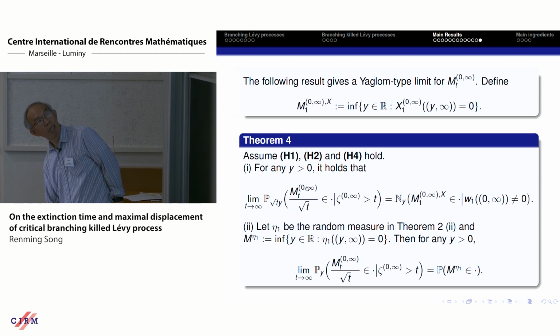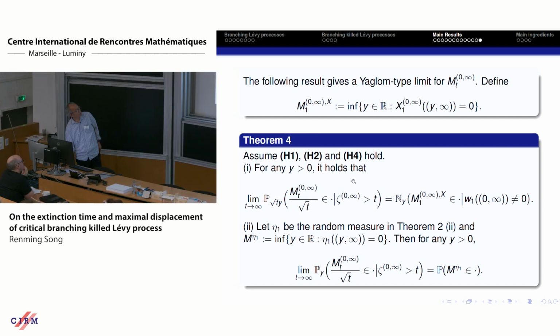This is the branching Q-Levy process, and the limit is in terms of our excursion measure, our super Brownian motion. Again, here this is the starting position square root of t times y. And if you start with y here, then the limit will be different. So both of these can be regarded as some kind of Yaglom-type limit, the scaling limit for the maximum position at time t.